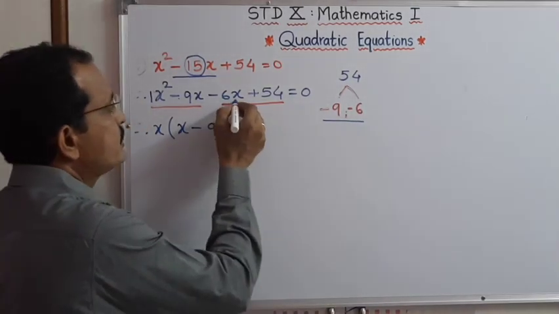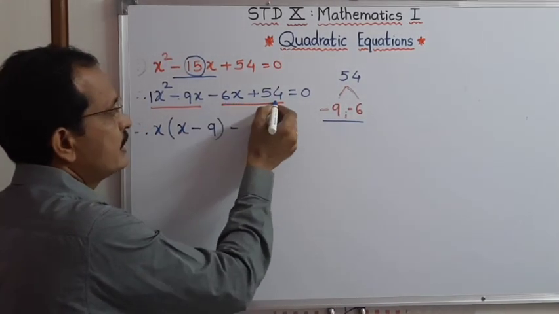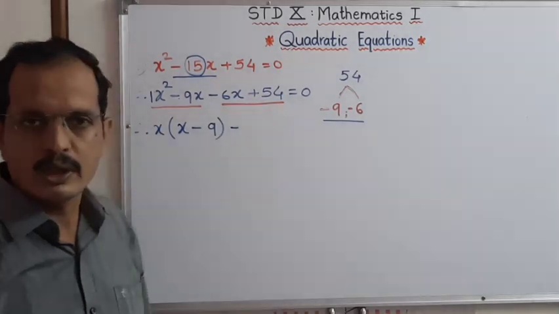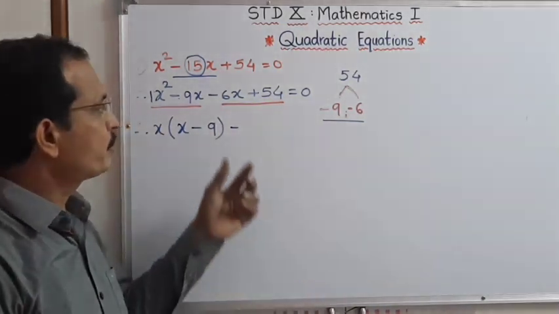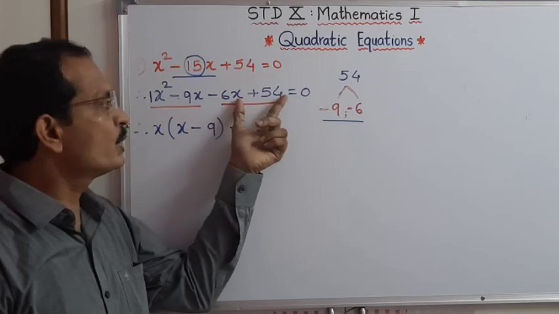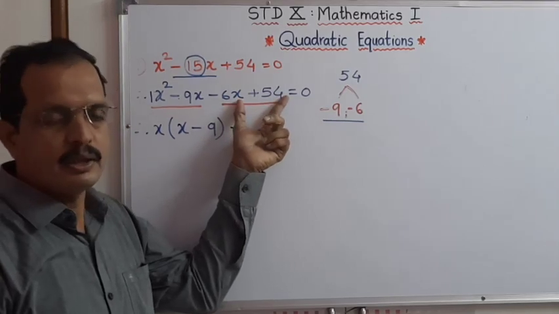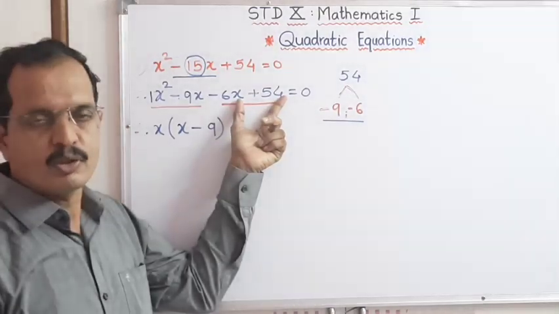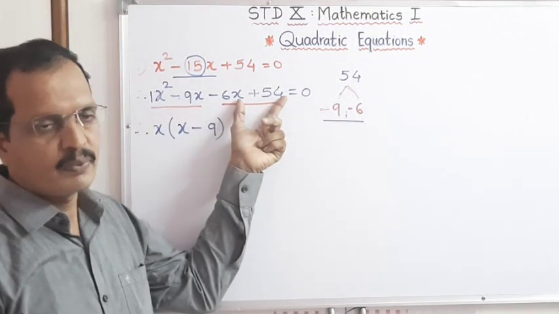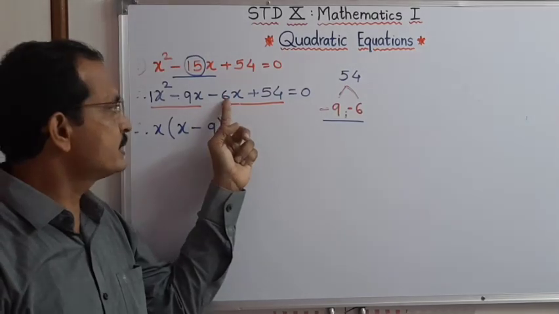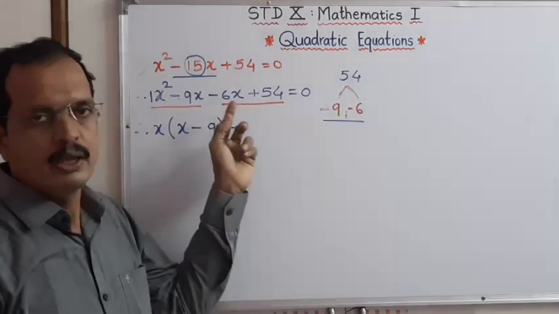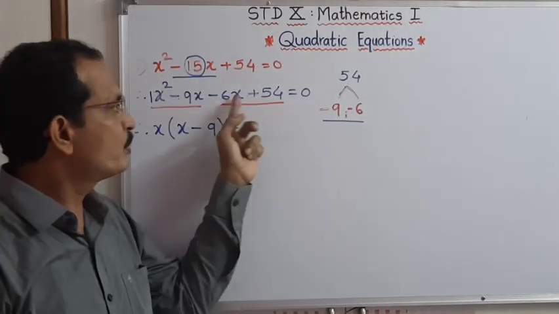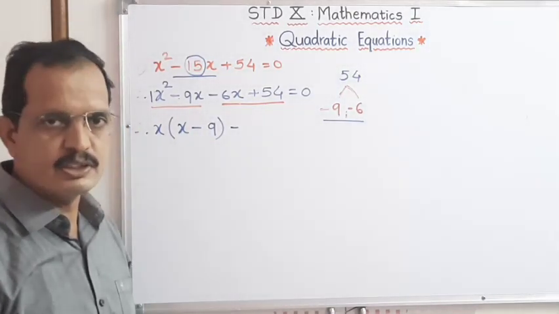Then see here, from this 6x and this 54 we have to take out the common. For that purpose, first of all we have to see the variable. Here the variable is x and here no variable is there, therefore no common variable. Now see the coefficients, 6 and 54. Can we divide 54 by 6? Yes, it is possible.